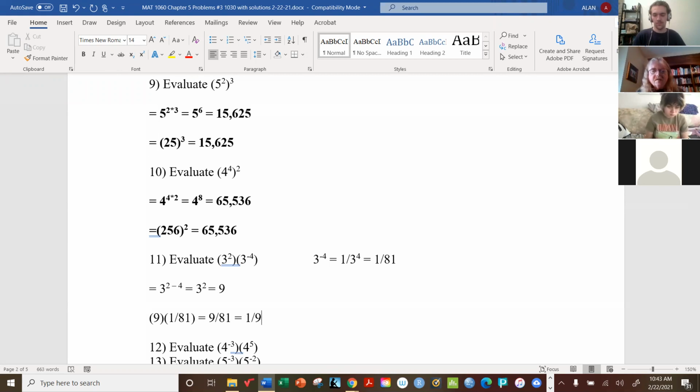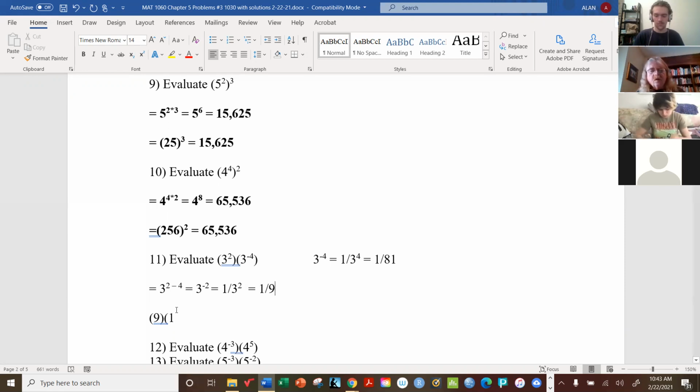Oh, wait a minute, what did I do? No, I screwed it up. Sorry, look, I just noticed it right here. This exponent is minus 2. So this should have been 1 over 9. Or let's think of it as 1 over 3 squared. That's better. And now it's not 9, it's 1 over 9.